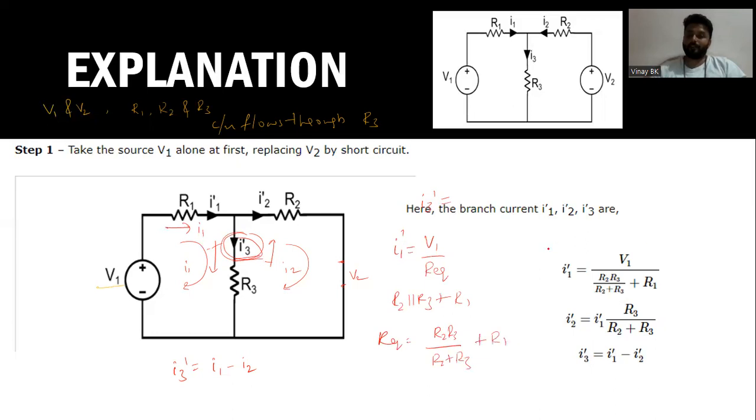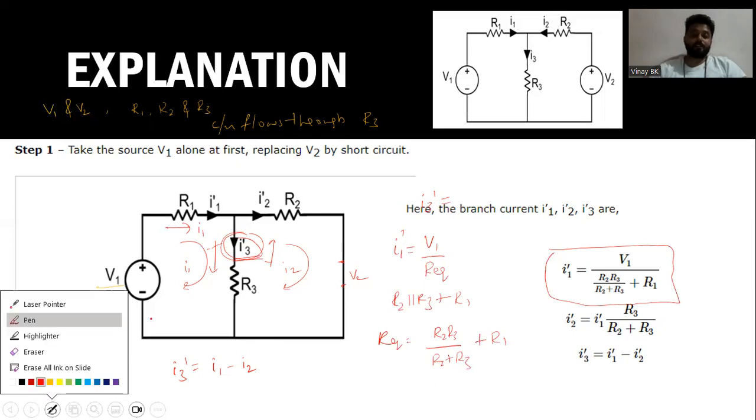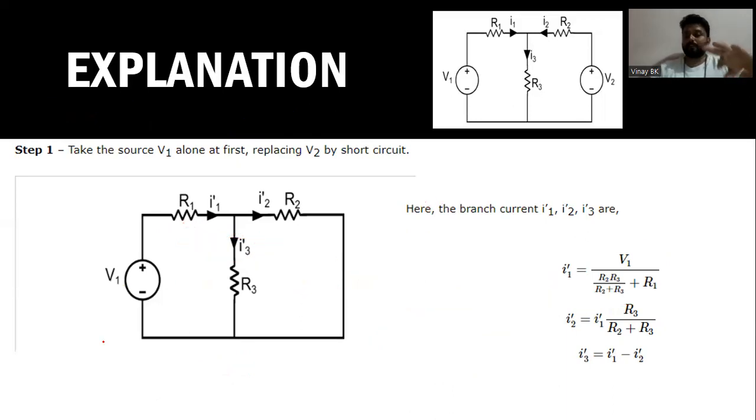So you will be getting I1 dash equals V1 divided by R2 R3 divided by R2 plus R3, which is in series with R1, so plus R1.